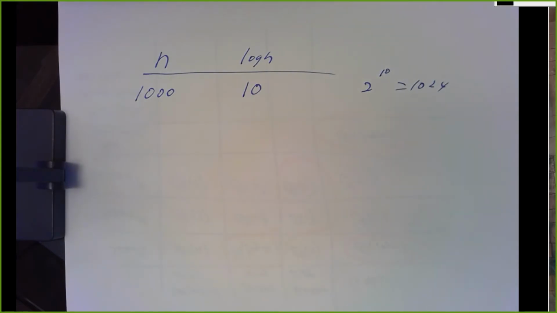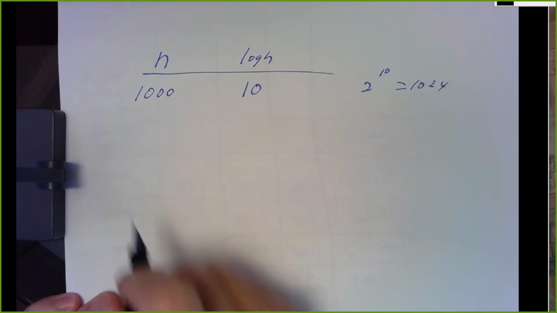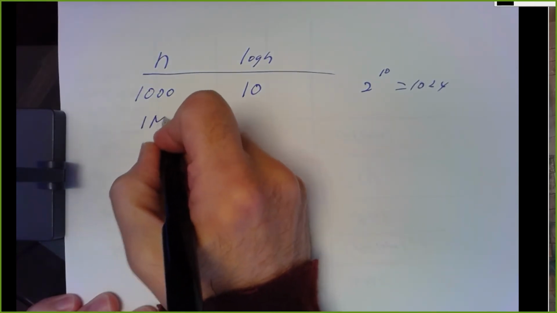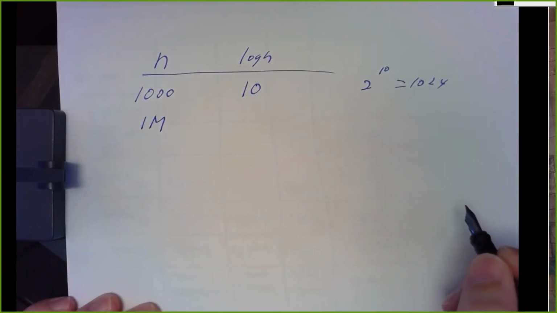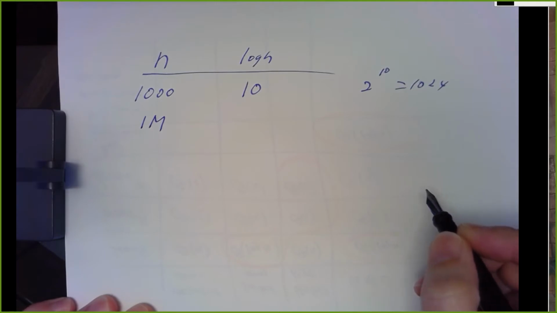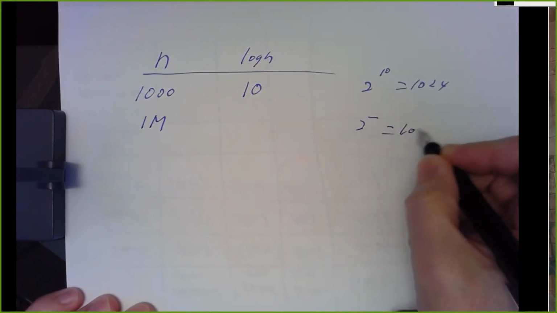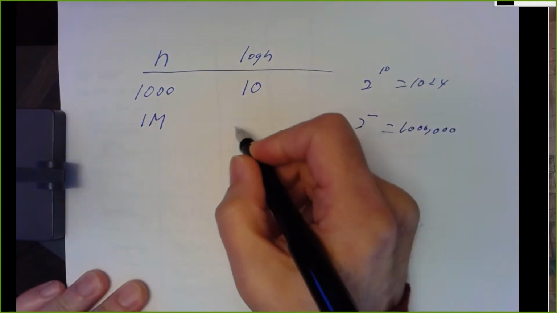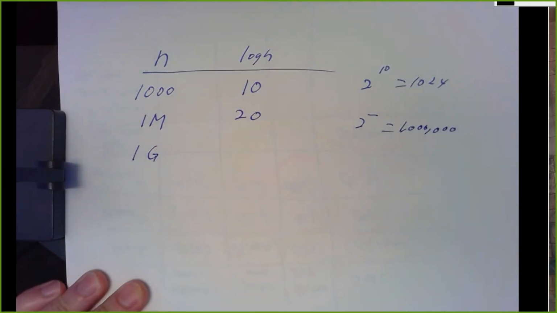Because we like tens. So 2 to the 10 gets you basically to 1,000. How about a million? So that's 20, approximately. How about a billion?